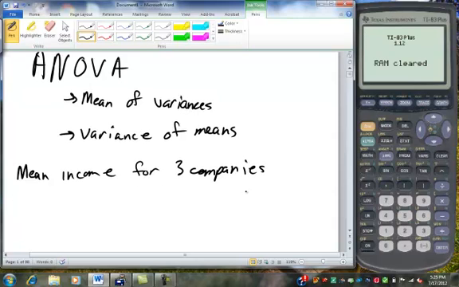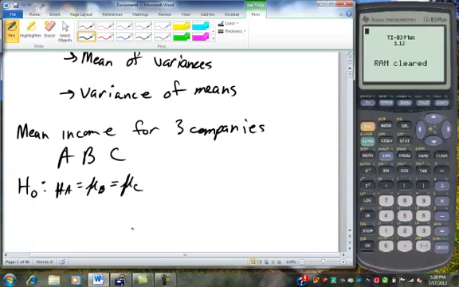We're just going to call them companies A, B, and C. For ANOVA testing, for analysis of variance, the null hypothesis will be that the mean for company A is equal to the mean for company B, which is equal to the mean for company C. The alternative hypothesis, H1, is that at least one is different.